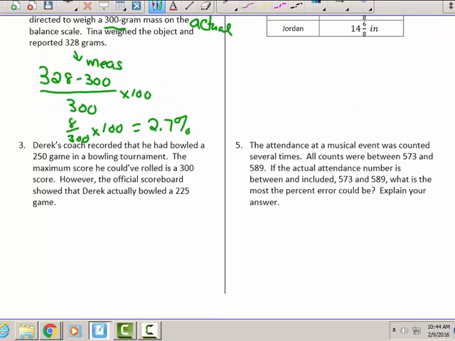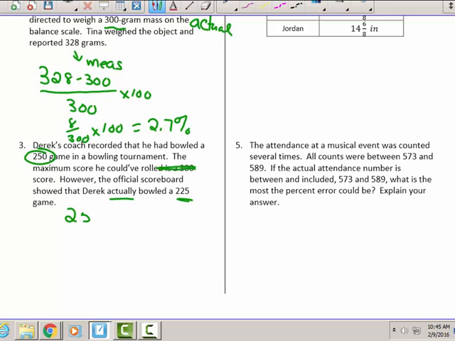All right. Derek's coach recorded that he had bowled a 250 game in a bowling tournament. The maximum score he could have rolled is a 300. However, the official scoreboard showed that Derek actually bowled a 225. So this 300 has nothing to do with it. All right, so here's our actual. Here is our measured. And we want to know, well, what was the percent error?